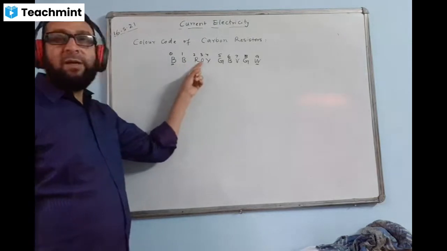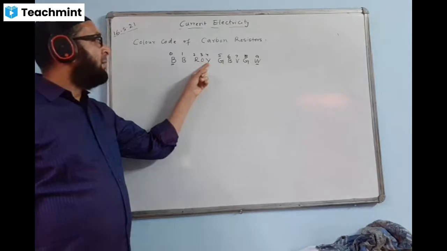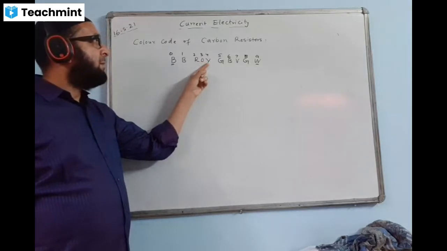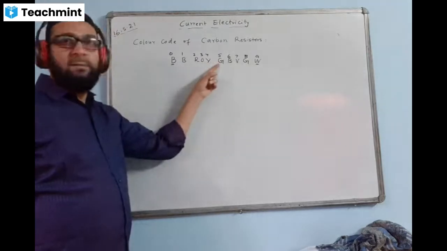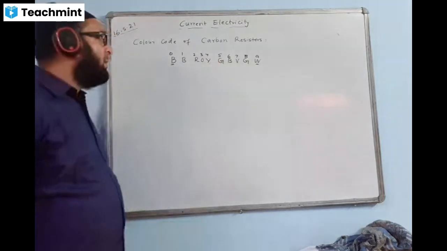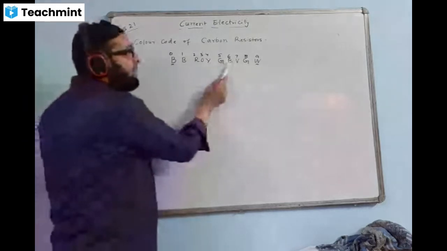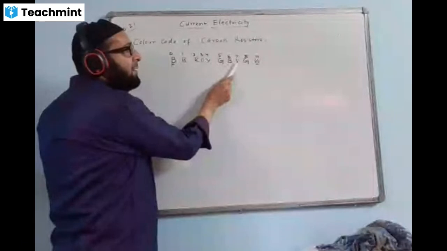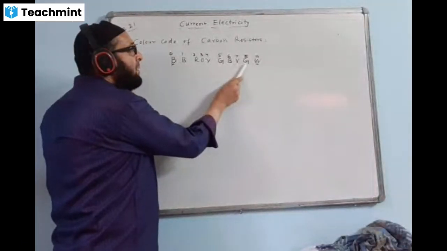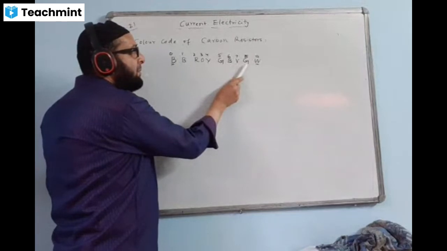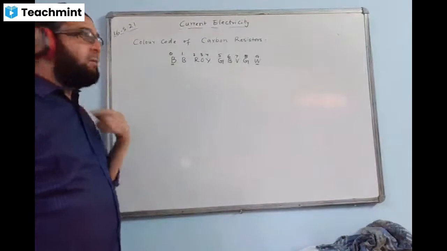Then G, green, B, V, G, gray, and then white. Similar types of colors will be close by here.